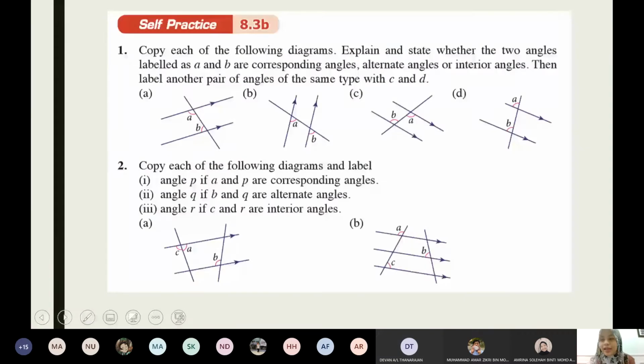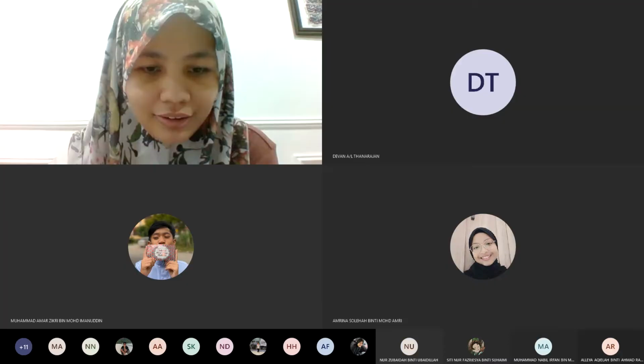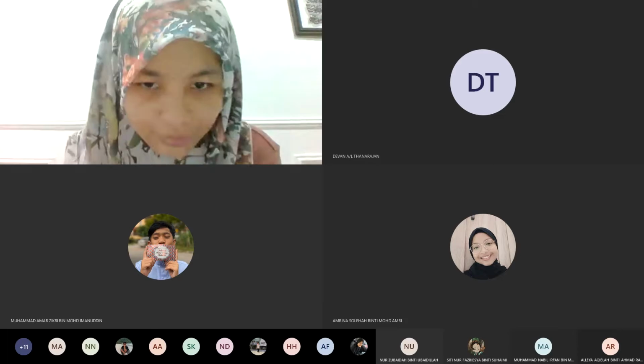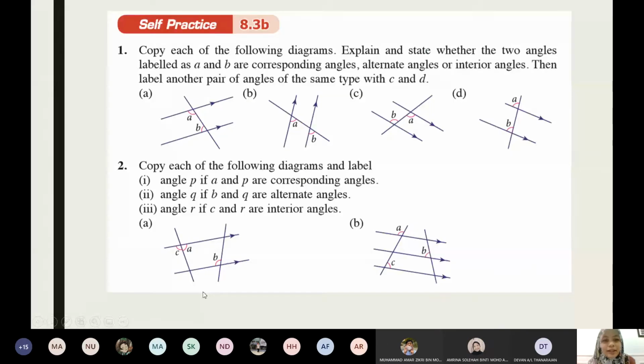So last time saya ada bagi sedikit tugasan, saya tak share lagi jawapan dia, insyaAllah lepas ni saya akan share jawapan dia. Okay, ni saya ambil daripada textbooks kita.